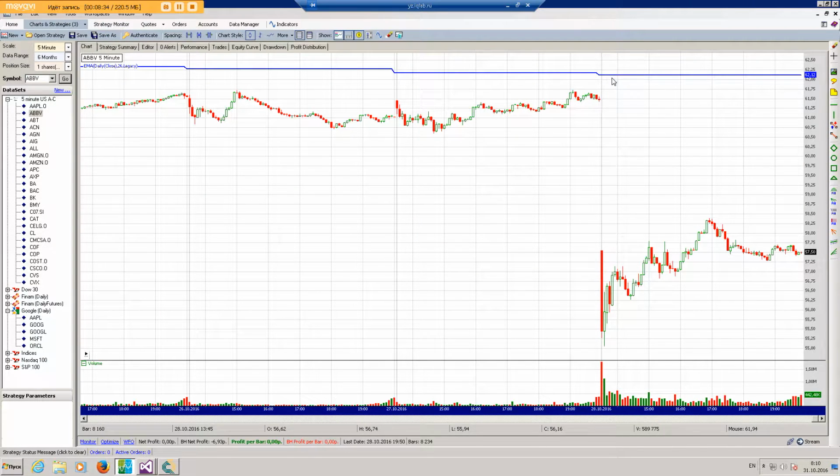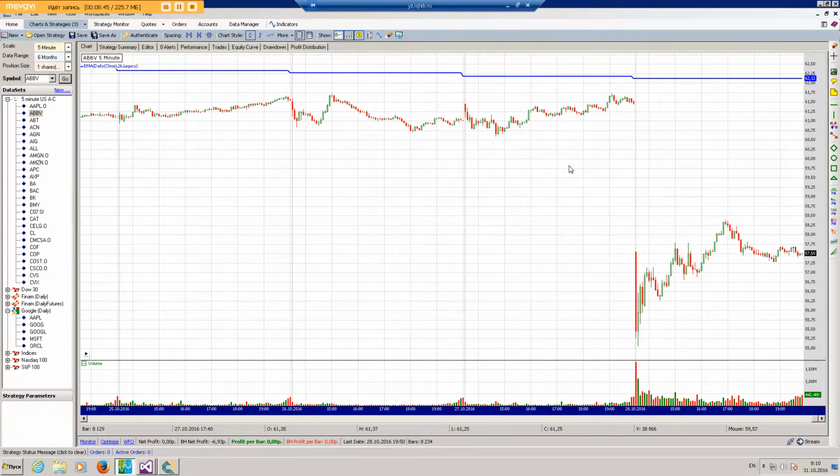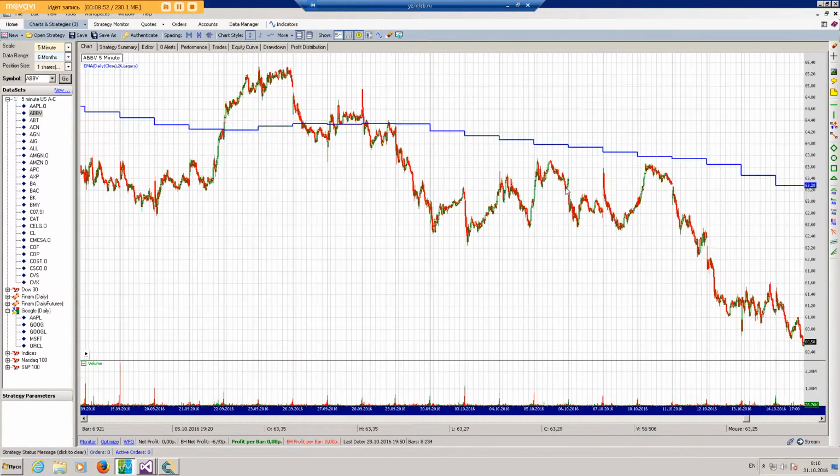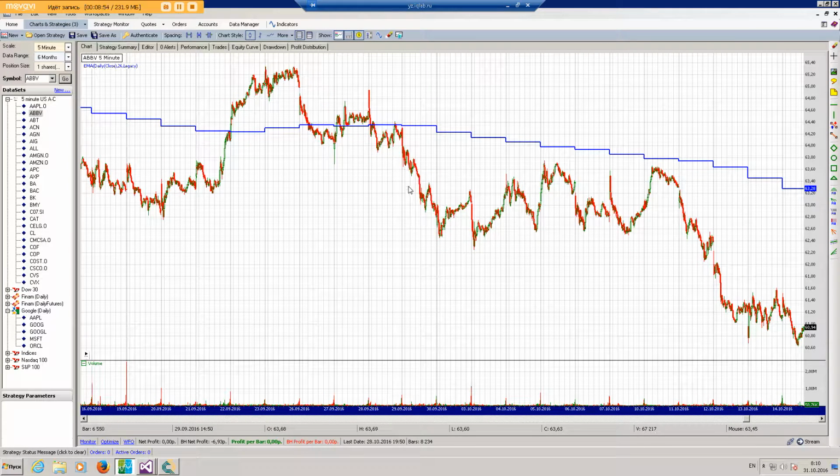So today is the 28th, 27th, right? And we can see that the angle is determined by whether this is smaller than this, and if this is smaller than this, then we have the angle going down. And we can see that price is also below, right?